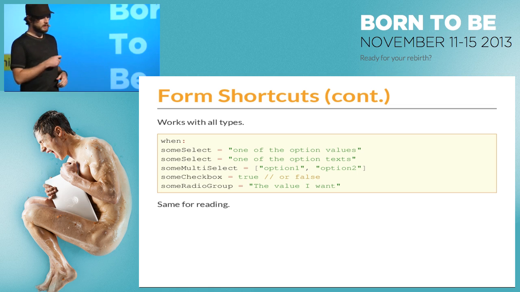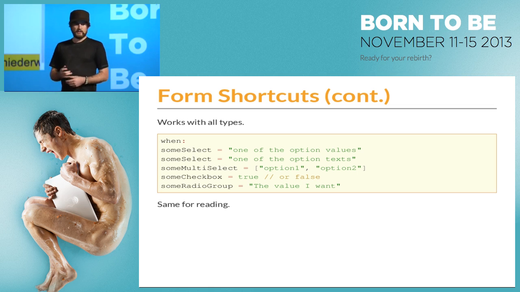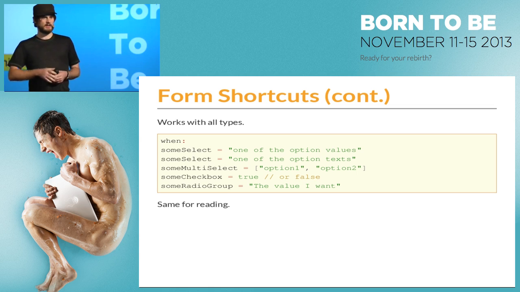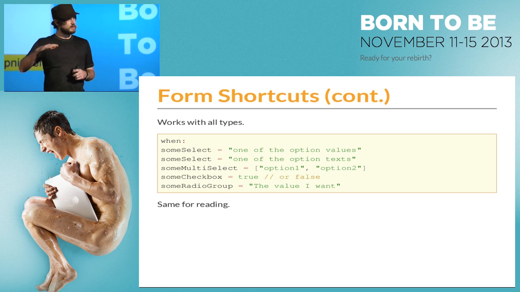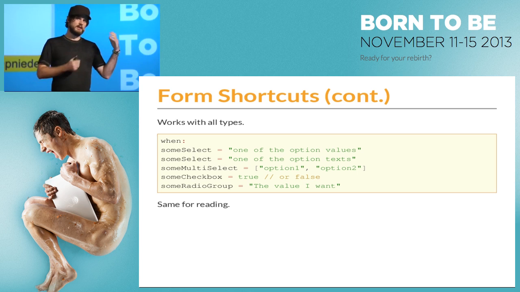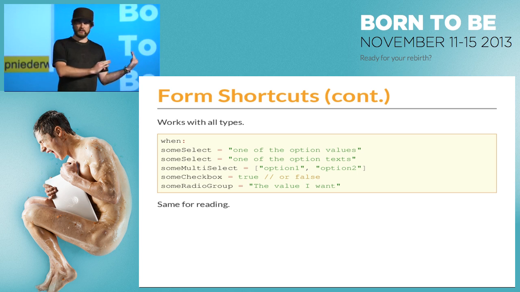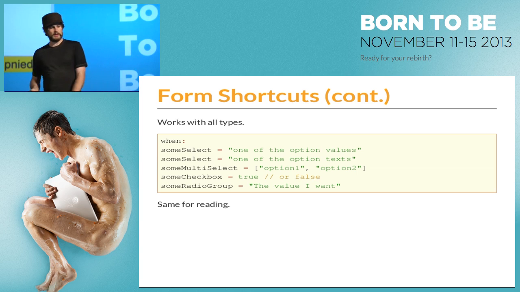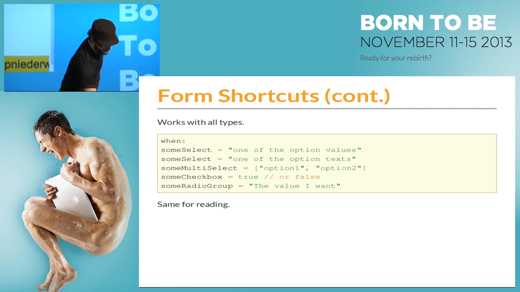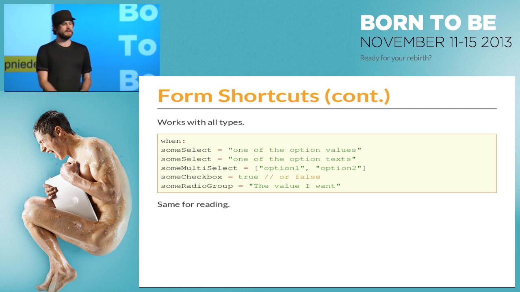It's still nice. Different kinds of controls are also handled. For select elements, I can just assign one of the values in the select. That can either be the actual display text or the actual option value. For a multi-select, I can just assign an array. That's actually a list, Groovy's list literal syntax.